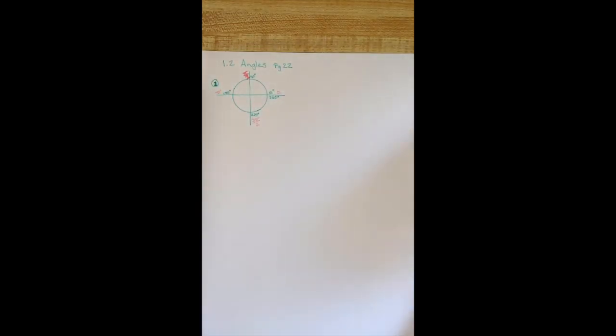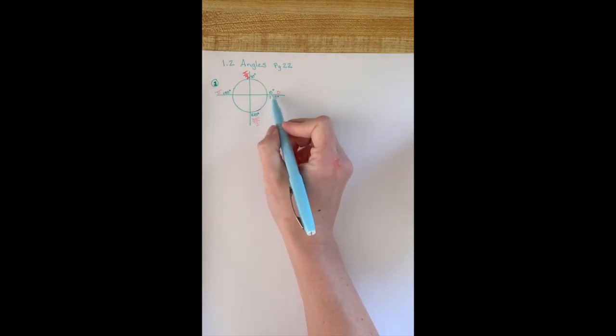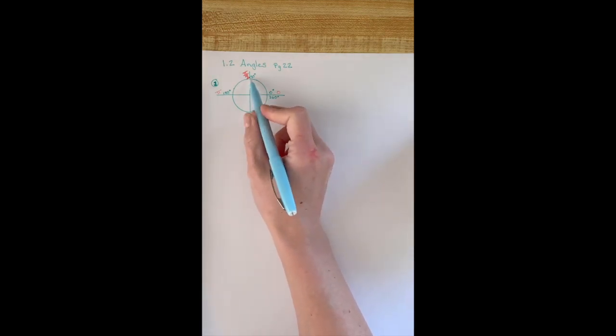So the first thing I did here for number 1 was just to label a circle. And it's important that we know some key points of the circle. Once we get to the unit circle, when we come back from this little break, we'll talk more about all of the different angles and all of the key angles in a unit circle. But for this one, I just need to know basically what these little markers are.